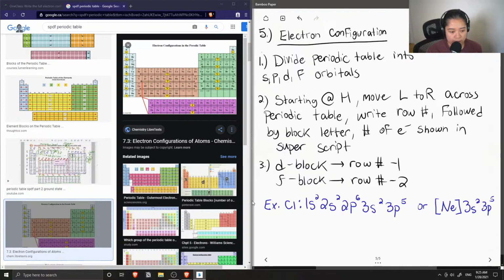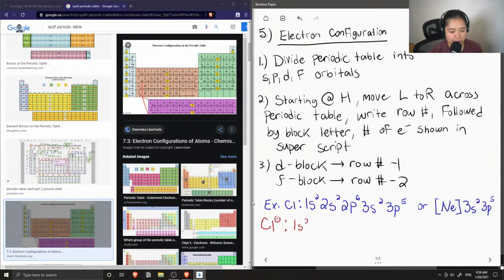So now we need to write the electron configuration of the chlorine ion. So chlorine minus. So chlorine minus has an extra electron, and we know that because it has a -1 charge. So since it has an extra electron, this is going to change our electron configuration. So we're going to add an additional electron.